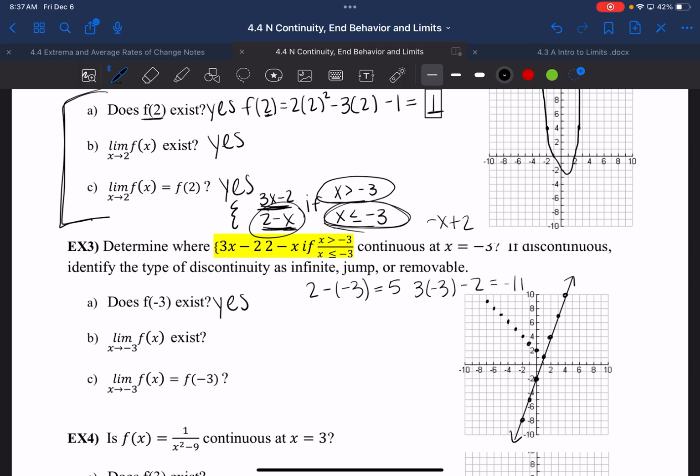All right, so here's a sketch. But remember, they said that this graph is only for negative 3 or less as an x value, right? So I don't really need all of this graph. I would just need the part from negative 3 and over. So I can erase those points.